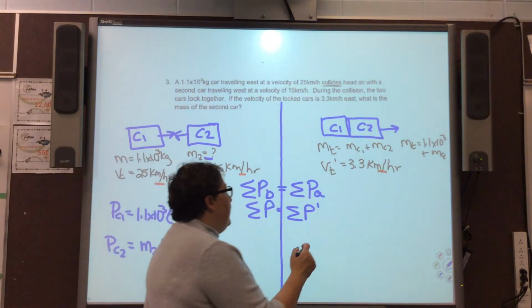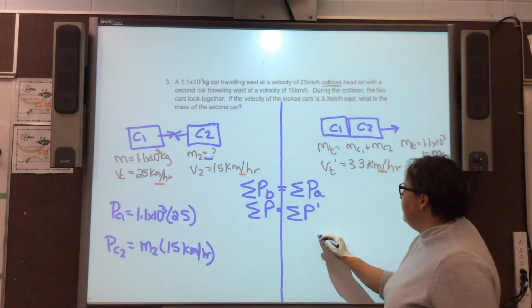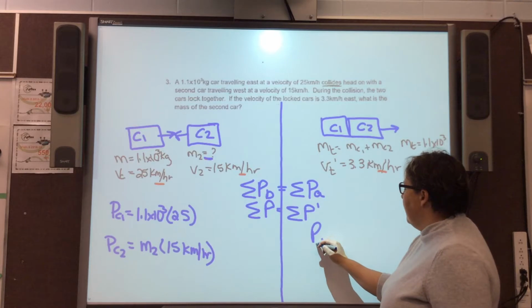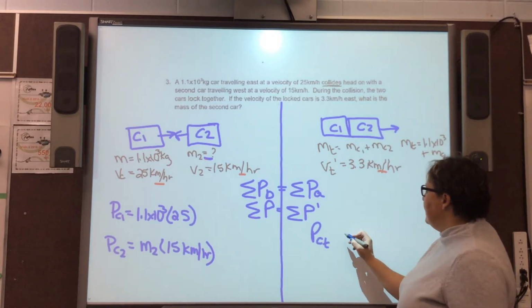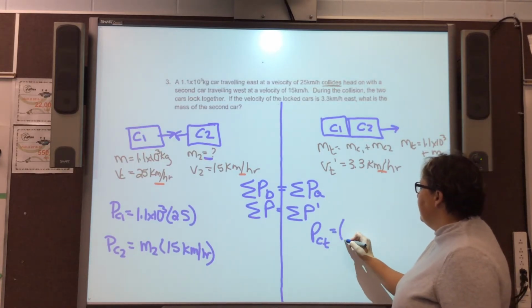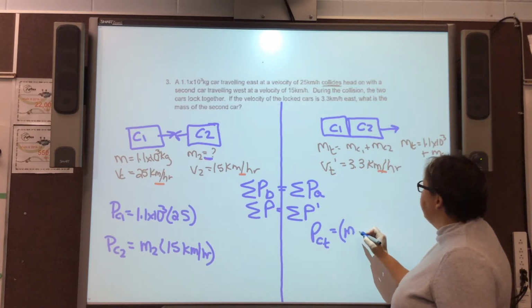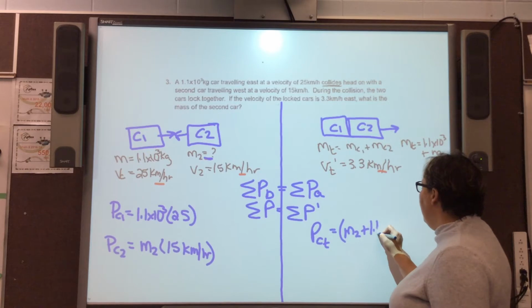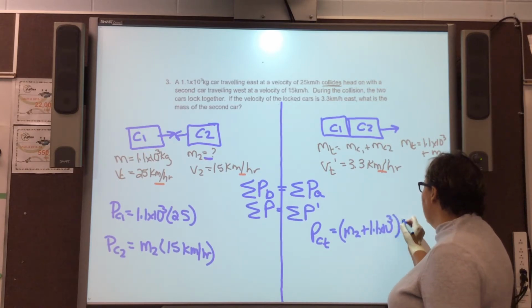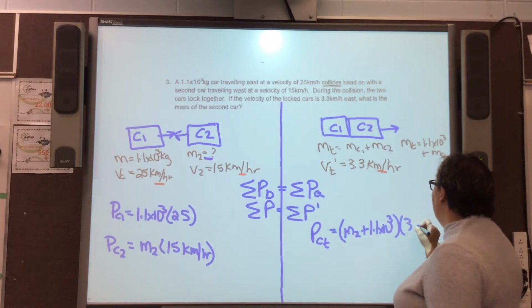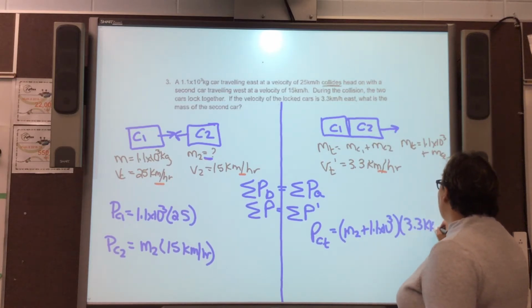Over here, we have the total momentum of the cars together is equal to m2 plus 1.1 times 10 to the 3 times 3.3 kilometers per hour.